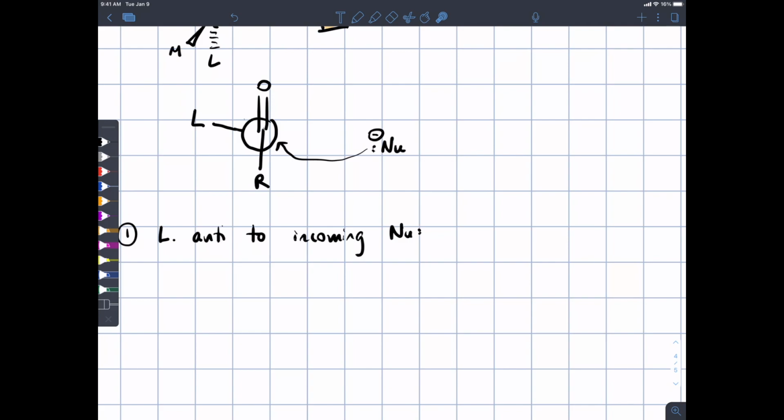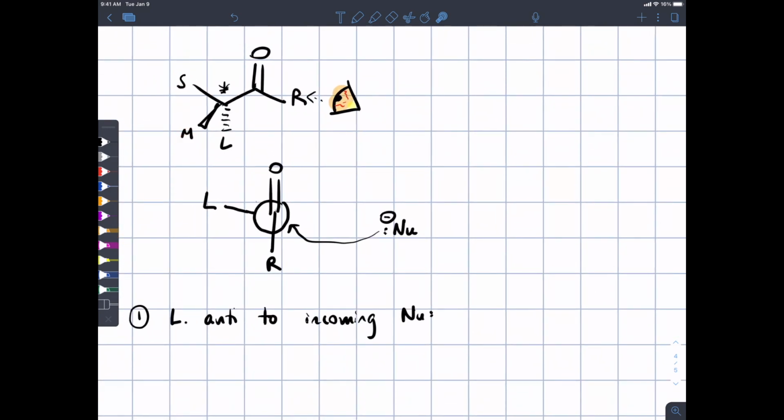Will what depend on the group that is large? If the sigma star of that particular group is a good acceptor. Right, it will. The question is, will this depend on whether or not the sigma star for this L group is a good acceptor? And the answer is yes. If among your groups, small, medium, or large, you have an electronegative heteroatom.